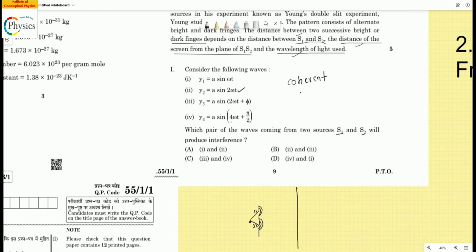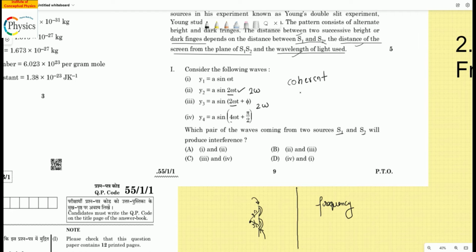Remember, in this particular question, for a coherent source, these two derived sources at the slits are actually coming from a single source, which means the frequency of the wave has to be the same. You can't have two frequencies coming from the slits. Therefore, in this question, the frequency here is 2 omega, and the frequency here also is 2 omega.